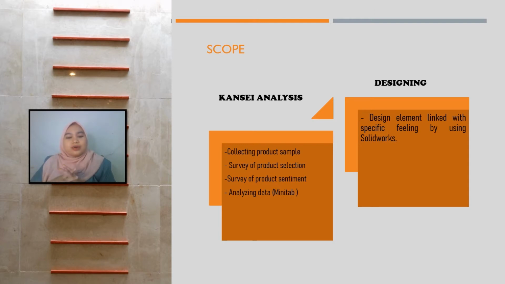Second, I do a survey of product selection by using a Google platform, which has no limits of respondents. Third, after we have the result from product selection, we do a survey of product sentiment. It also uses a Google Form platform.